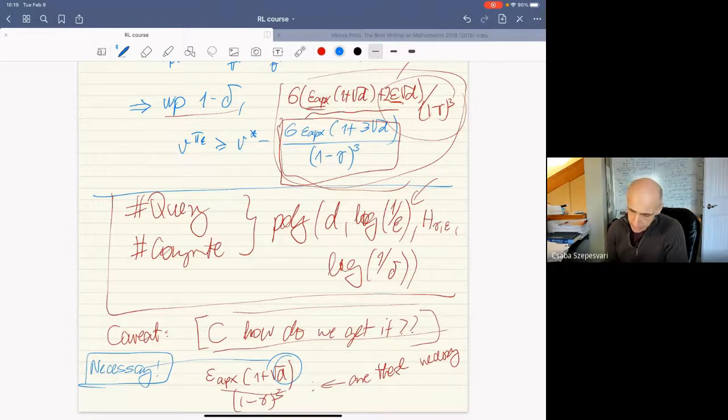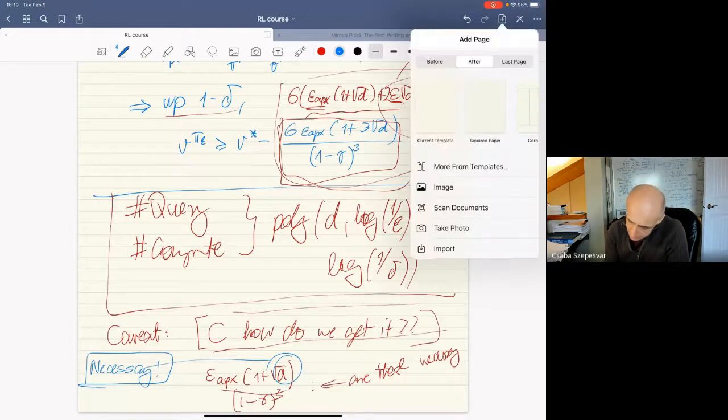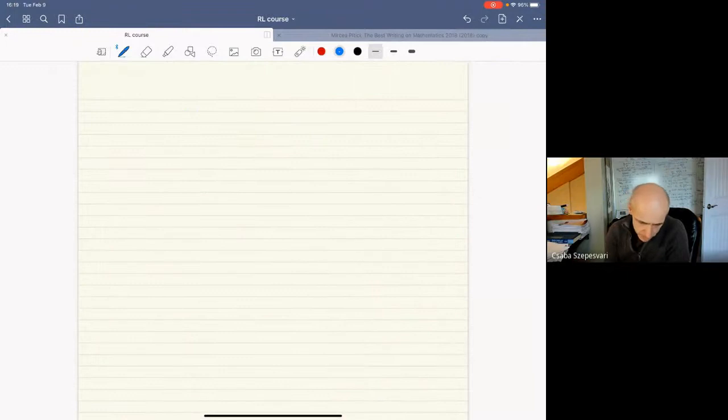So how does this work? This is based on an observation in a relatively new paper of Simon Du, Sham Kakade, Ruosong Wang, and Lin Yang, just last year.